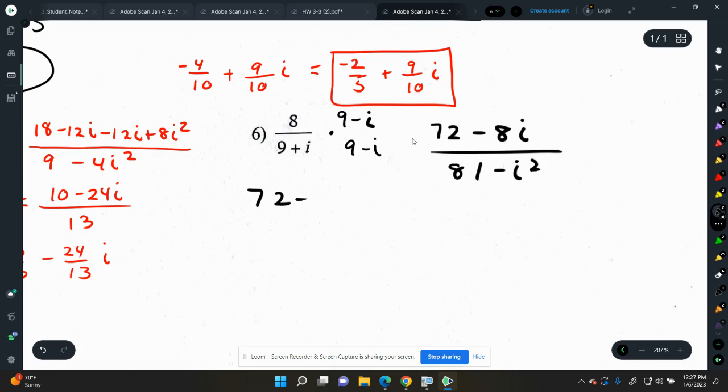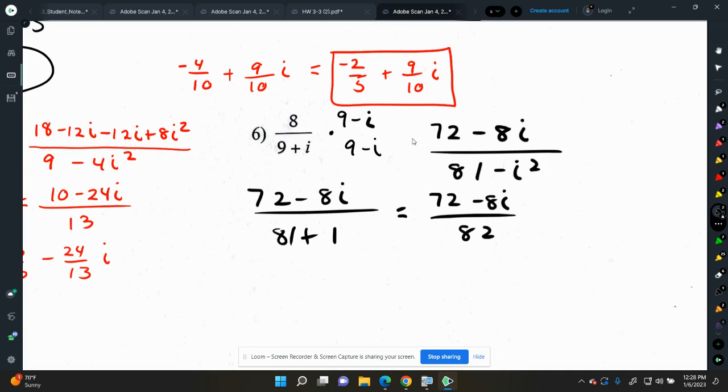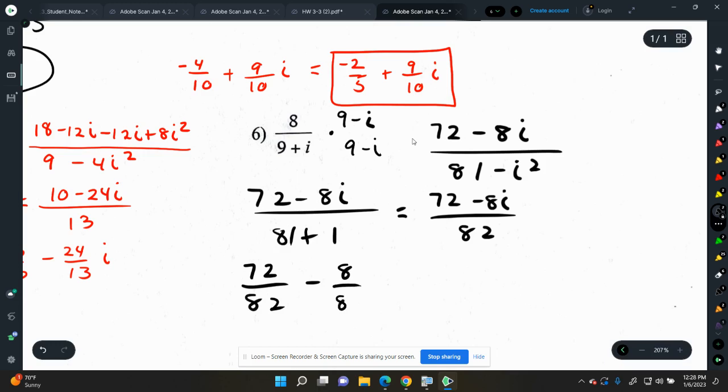So that's 72 minus 8i over 81 plus 1. So we've got 72 minus 8i over 82. Is that right? Okay. So that's 72 over 82 minus 8 over 82i.